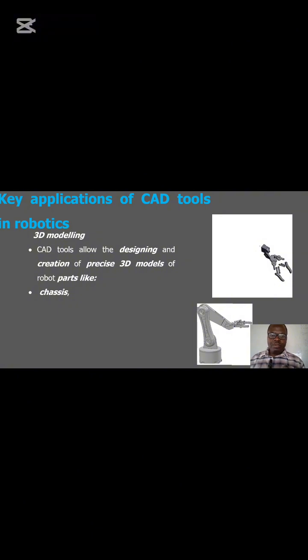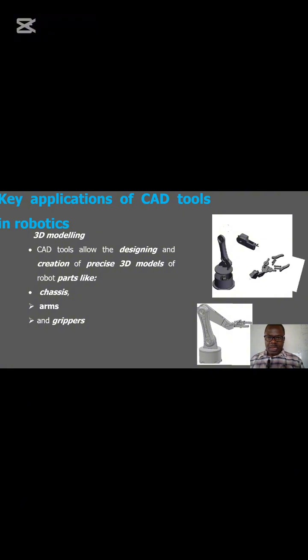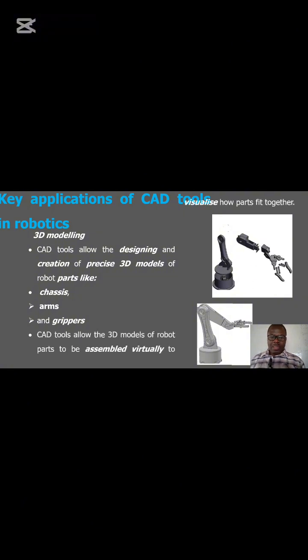CAD tools allow the designing and creation of precise 3D models of robot parts like chest, arms, grippers. Then CAD tools also allow these robot parts to be assembled virtually to visualize how parts fit together.